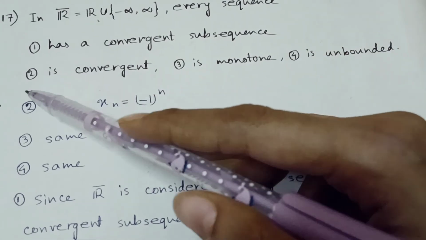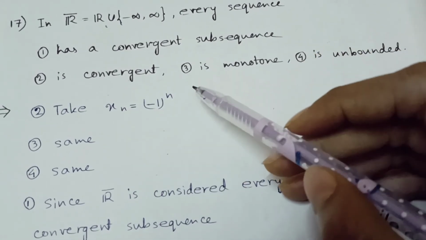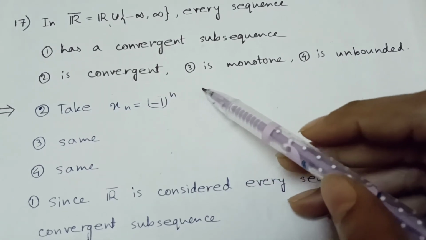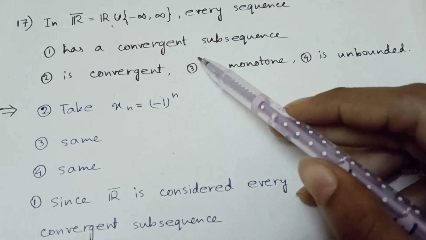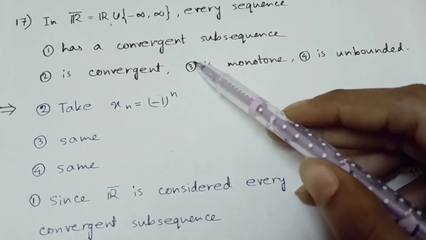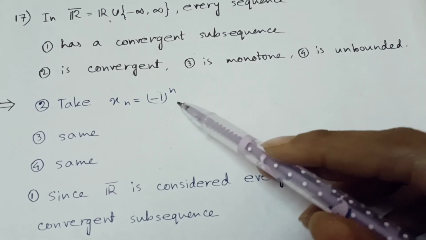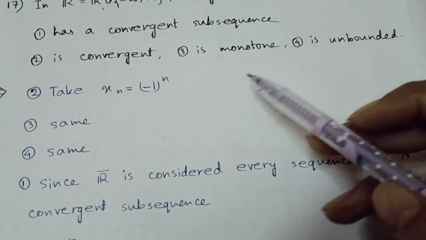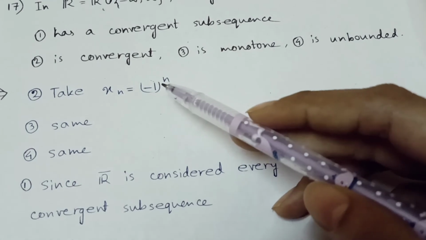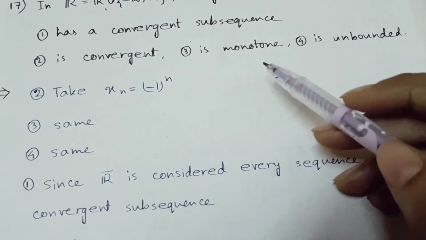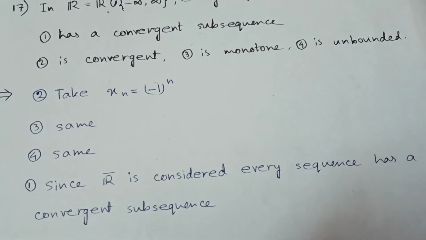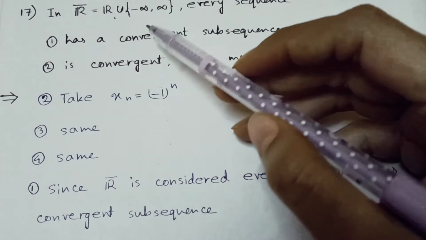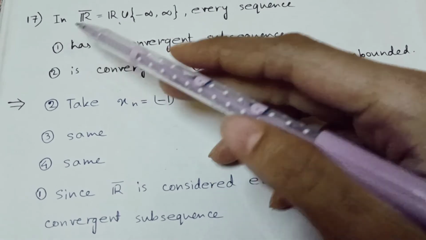So simply option 2 gets discarded. Take this sequence again. It is not even monotone. So this option gets discarded too. And the same sequence is not unbounded. The sequence is bounded, right? So option 4 also gets discarded. So within few seconds you can conclude that option 1 is correct.